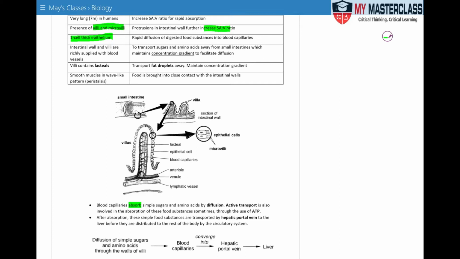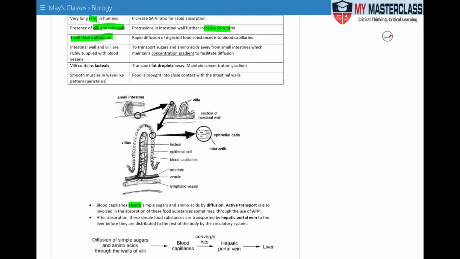Even though the small intestines just look like one rope of an organ in the body, because of its adaptations and structural components, when you spread out the entire thing, it is actually about 7 meters long. So 7 meters in total will allow rapid absorption of the digested food substances.